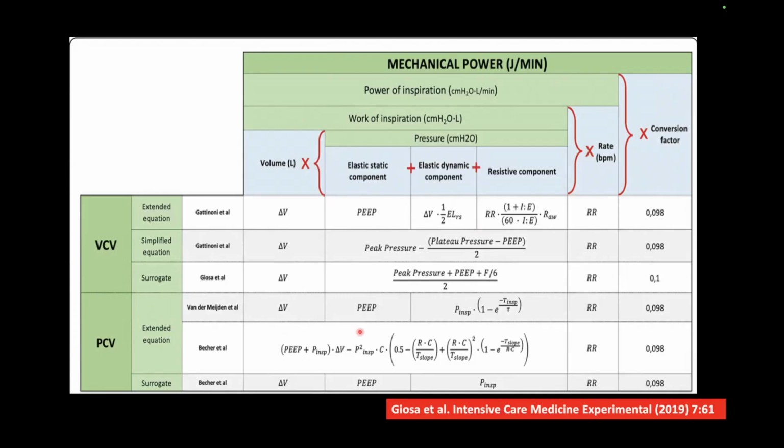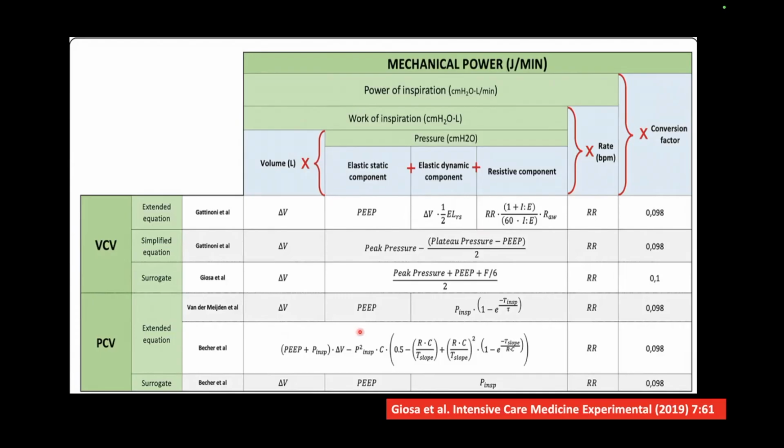Comprehensive equations mean you need to stand at the bedside, apply an inspiratory hold, and measure the plateau pressure. So you need to be at the bedside for a comprehensive equation. Then a surrogate equation is introduced, like Giosa's equation for volume control mode. Surrogate equations don't need standing at the bedside and applying the inspiratory hold for measuring the plateau pressure.